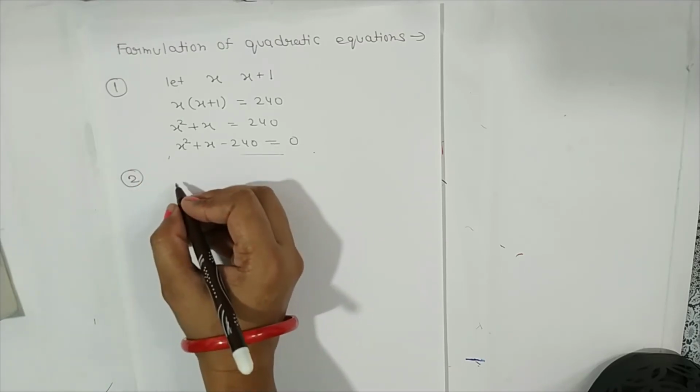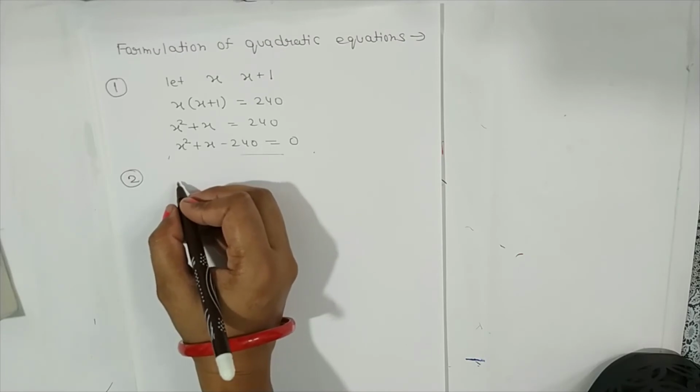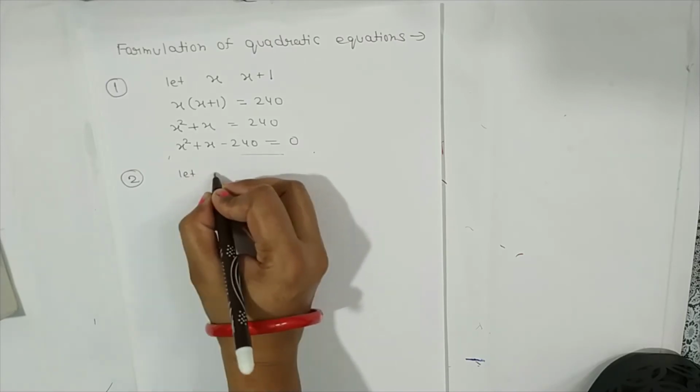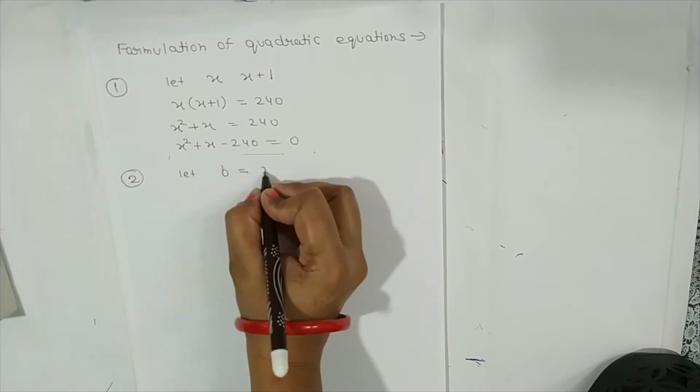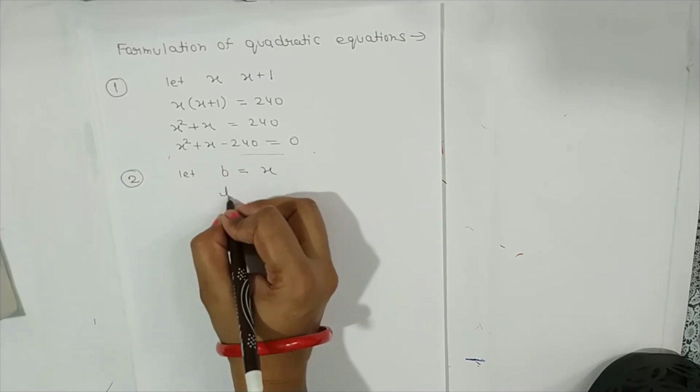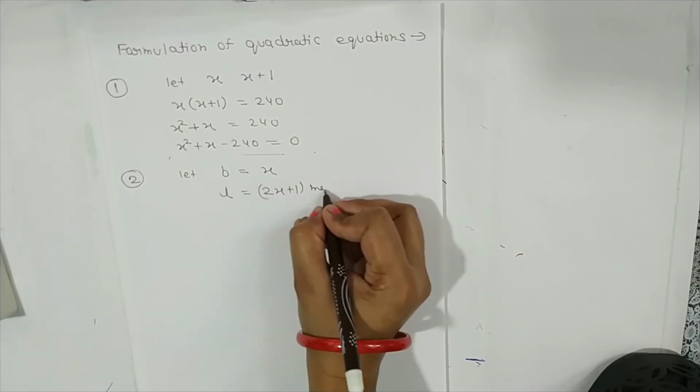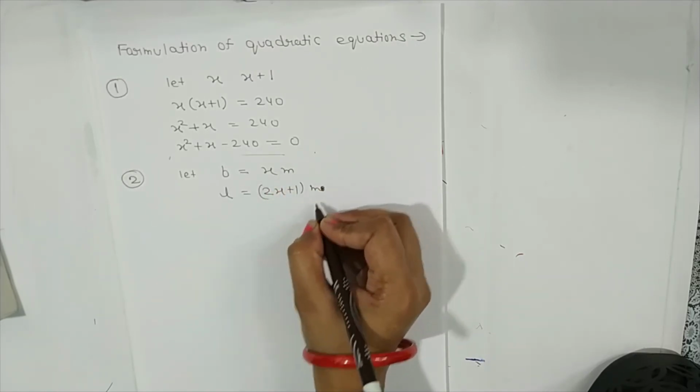The area of a rectangular plot is 528 meters square. The length of the plot in meters is 1 more than twice its breadth. So let's say the breadth is x, so the length will be 2x plus 1 meters.